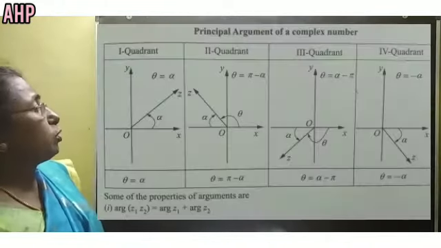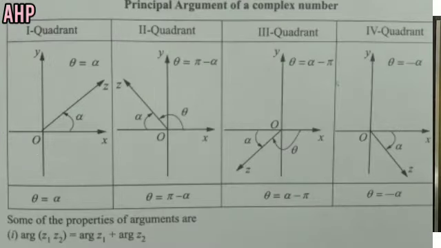Now this diagram shows the argument value of theta in 4 quadrants. In the first quadrant, theta is equal to alpha. That is, in the first quadrant, the value of theta is always positive. In the second quadrant, theta is equal to pi minus alpha.